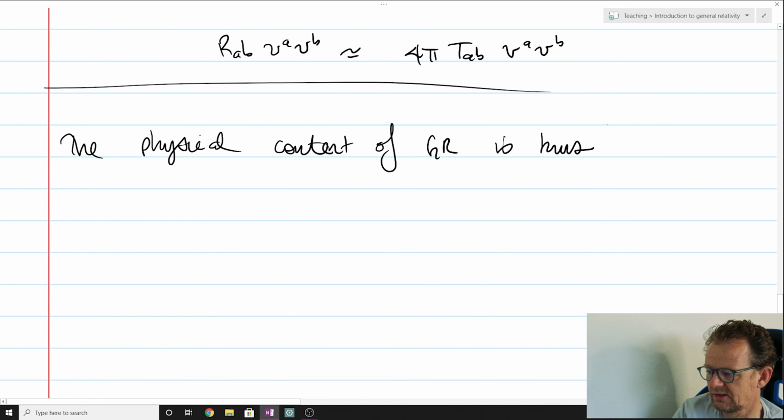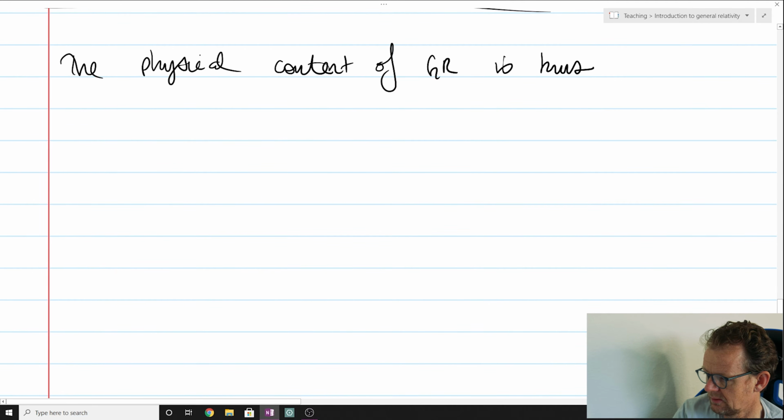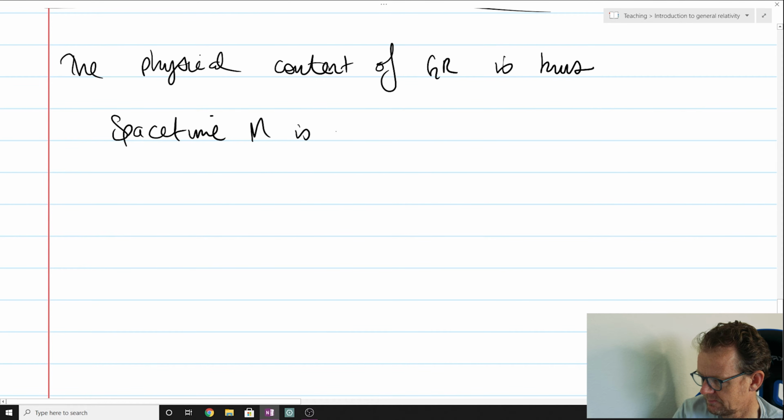Well, firstly, there's the fundamental assumption of general relativity, plus now we've been able to write down an equation capturing the last component of that fundamental assumption.